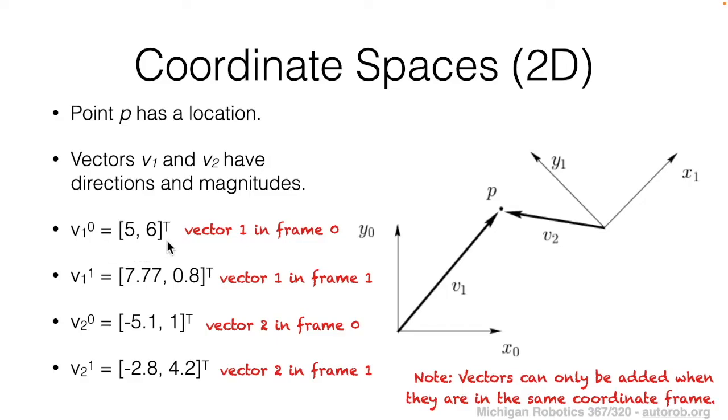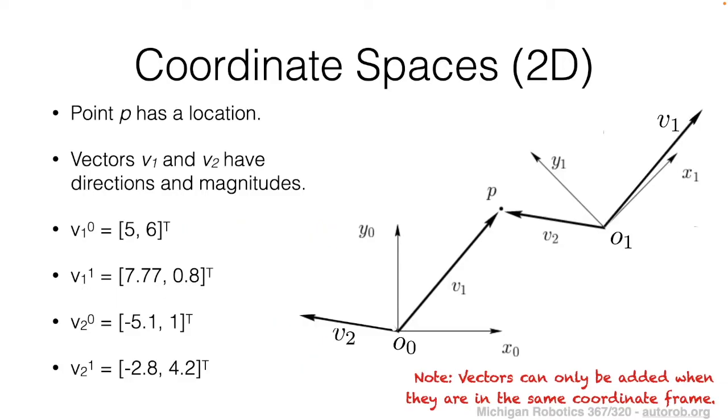That is equal to this translation vector, 5 units in the x direction and 6 units in the y direction. So you have 5 units along the horizontal and 6 units along the vertical, and that describes V1 with respect to origin 0. But that same direction and magnitude can be described with respect to the coordinate frame O1, which would have a different translation.